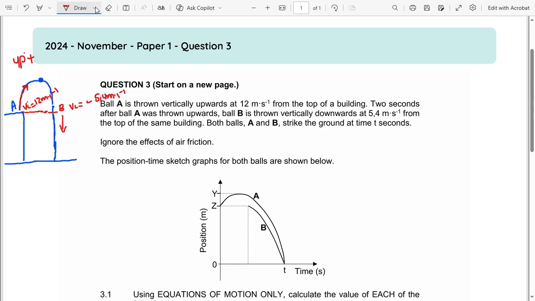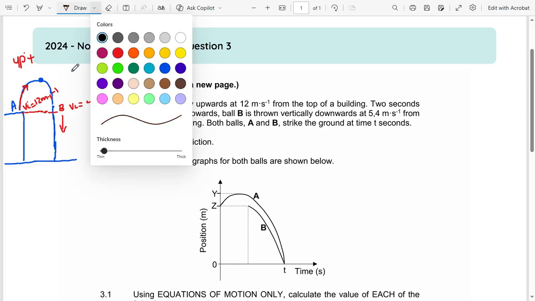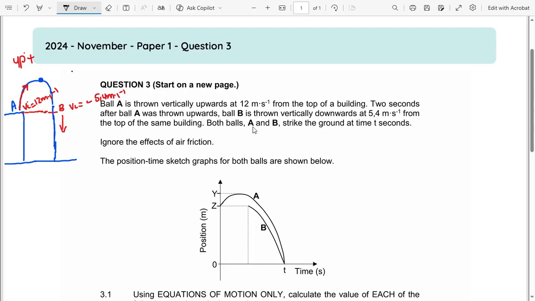Both balls A and B strike the ground at time t seconds. Guys, look at this. I need you to understand what is going on here because this is very important. We throw ball A up, and then after 2 seconds ball B is thrown down, but they both reach the ground at the same time.